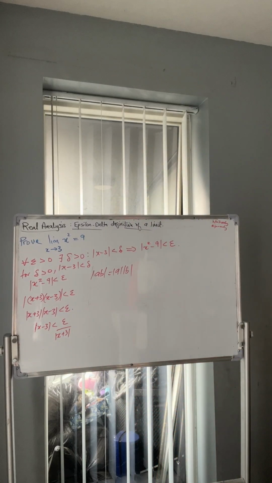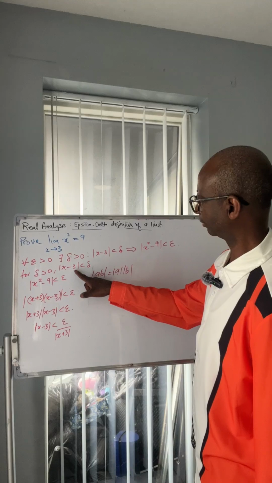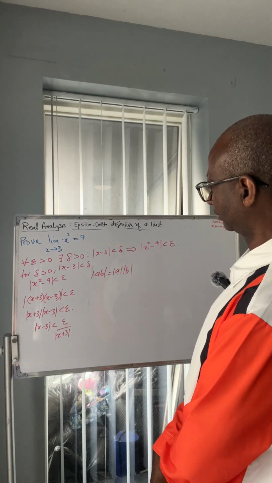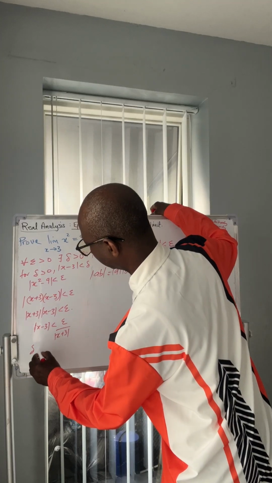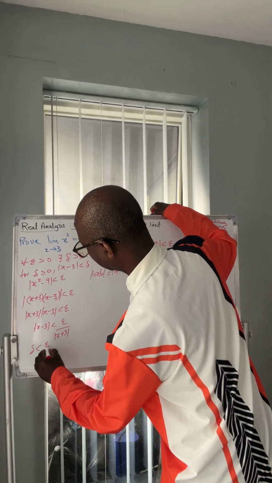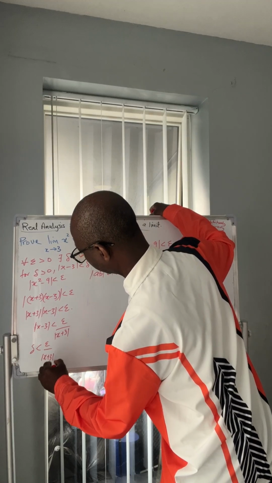Agree? We just divided by x plus 3. That's all we have done. So now, because here we know delta is this value, x minus 3, we can say delta is less than epsilon over x plus 3.